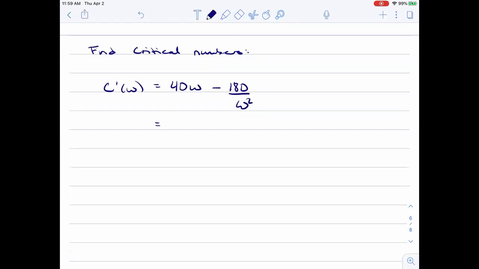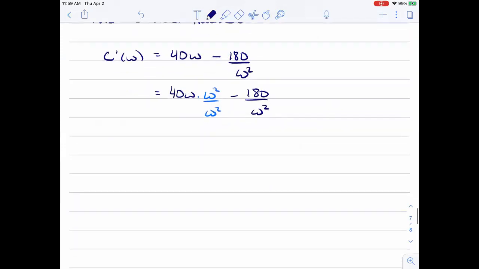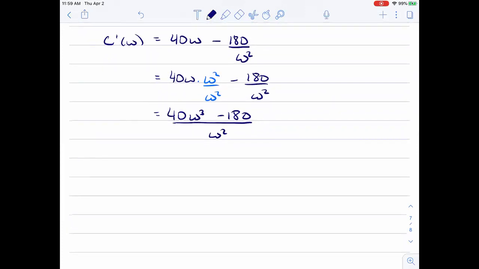So we've got 40w times w squared over w squared, minus 180 over w squared. So I get 40w to the 3 minus 180 all over w squared. Now I want to show where this equals 0.